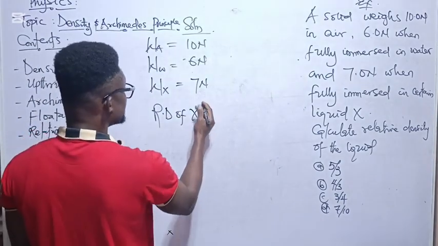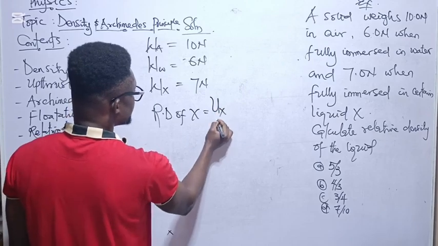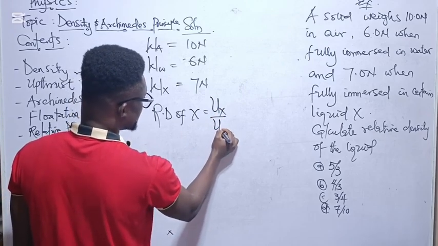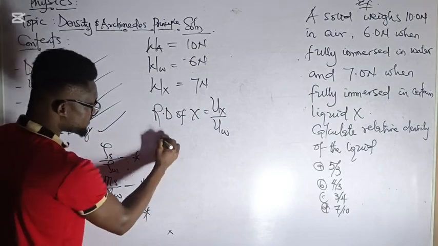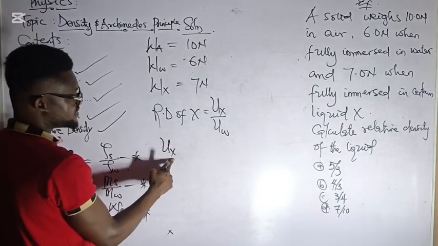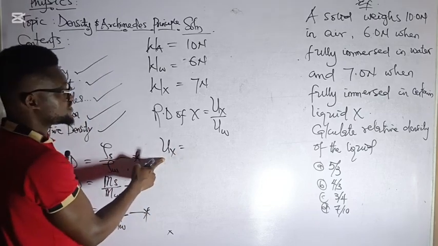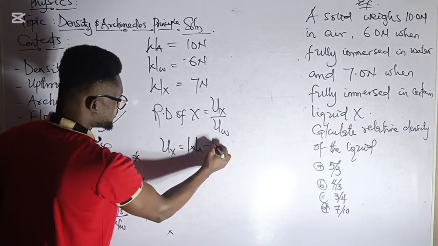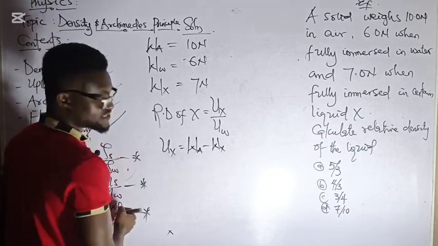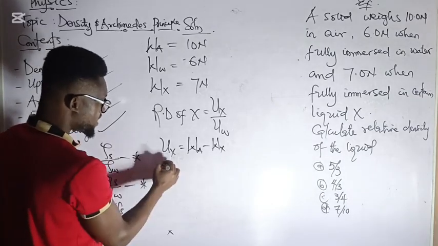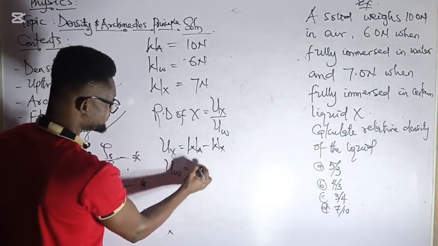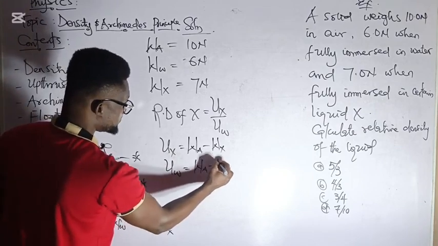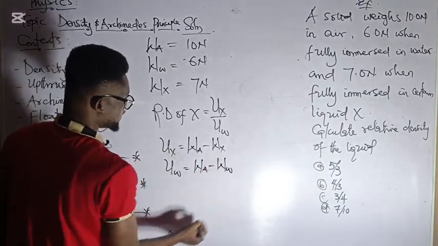Now it will be the upthrust of the liquid over upthrust of water. So in that case, upthrust in X, that's the liquid, will be weight in air minus weight in X, while the upthrust of water becomes weight in air minus weight in water.